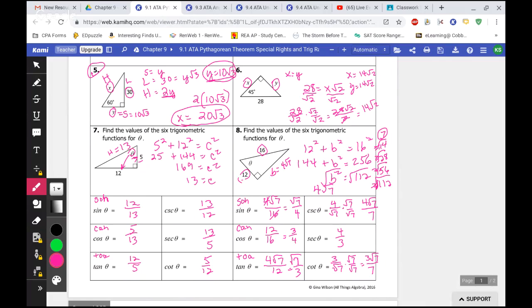So one is going to be either adjacent or opposite. You see what I'm saying? No. Okay, so if you have a hypotenuse given, let's look at number 8. I'm going to erase everything on number 8 from the homework, okay? Let me erase all of this.